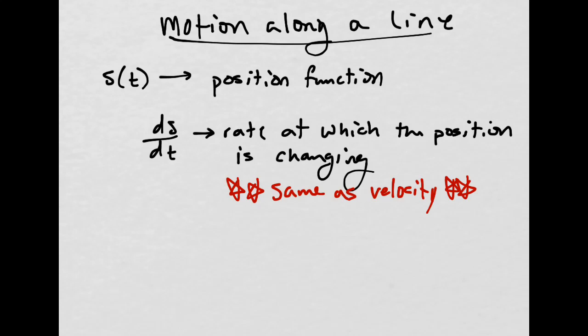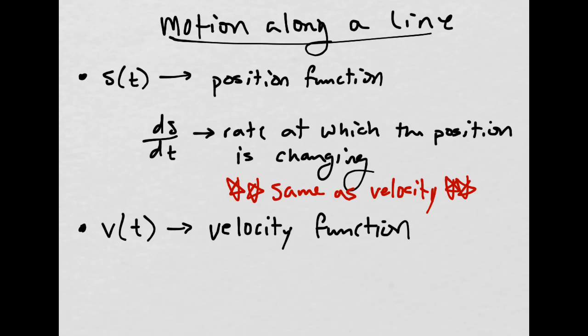So if you take the derivative of the position function with respect to t, then you get the velocity function. Isn't that neato? If you plug in a t value, say you plug in 5 for t, then at 5 seconds, whatever comes out is the velocity of the particle at that time.